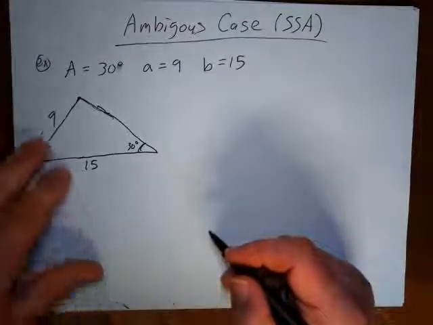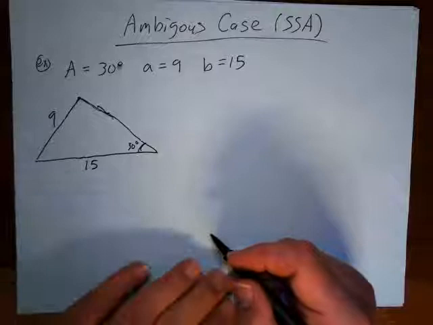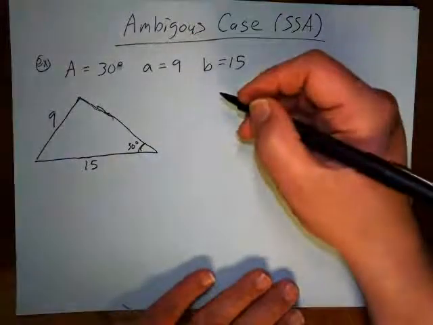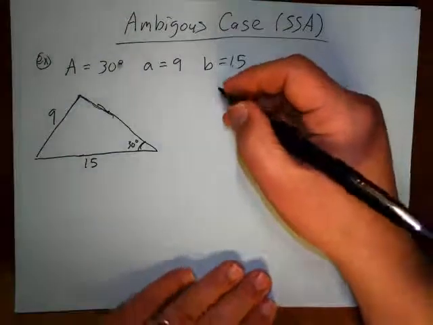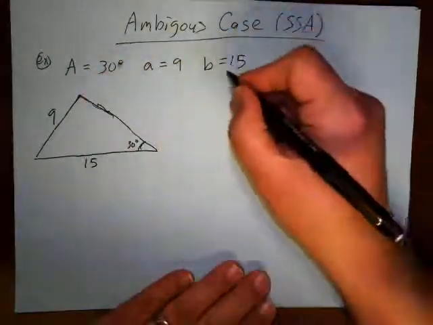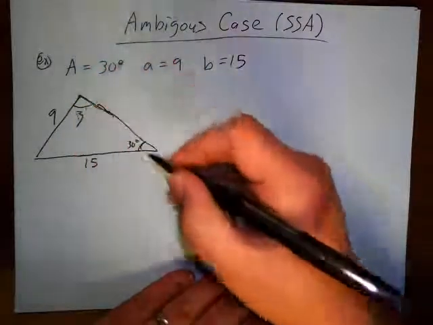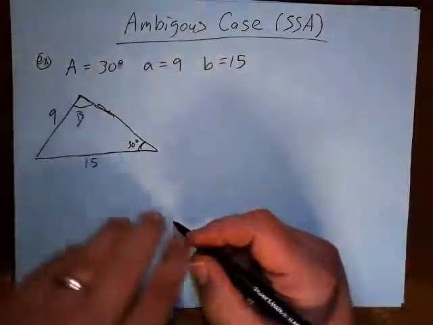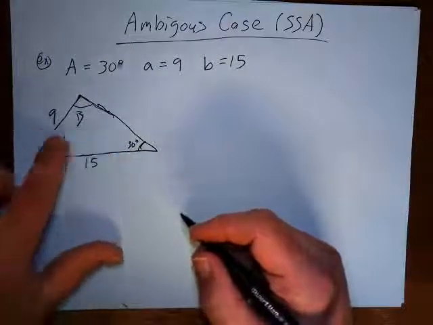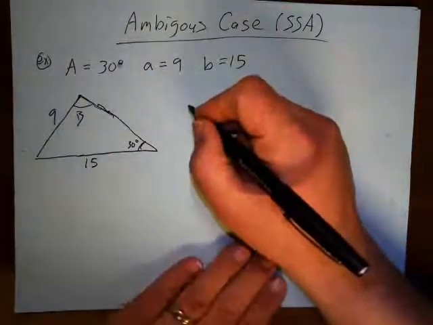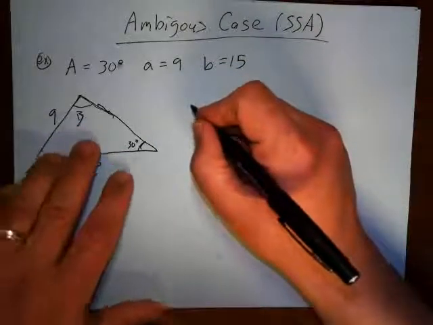So we've got two sides and this angle. Since this is 15, let's call this B, and I want to try to find angle B. I have one angle on the opposite side, and we'll always start out with what we want to find.